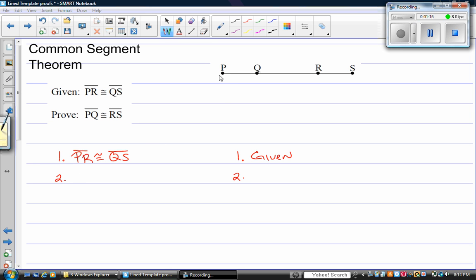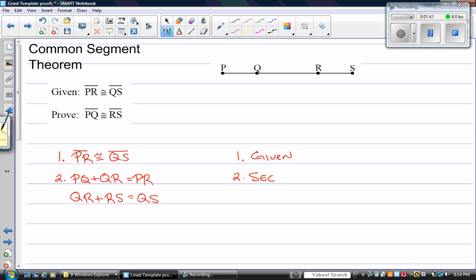If I use the segment addition postulate, I get PQ plus QR equal to PR, and QR plus RS is equal to QS.